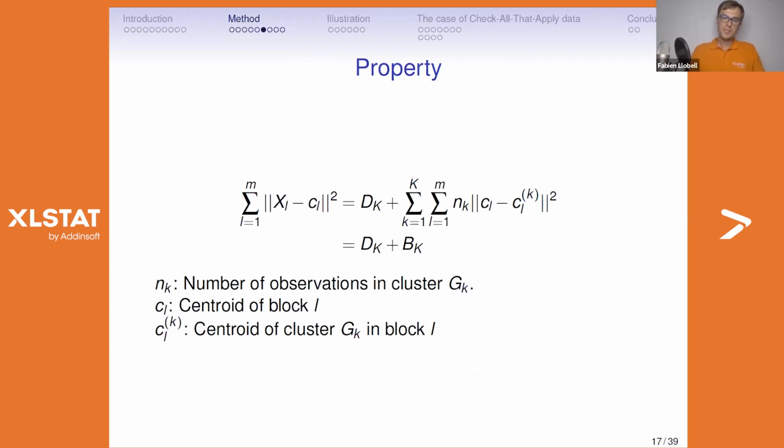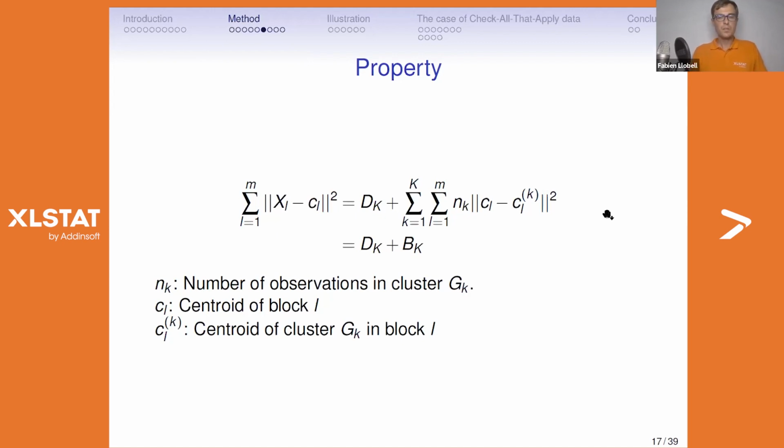An important property is that the total variation of the data is equal to our minimization criterion plus a so-called between cluster variation. So we have adapted, finally, the criterion to propose a within cluster variation in the case of multi-block data.